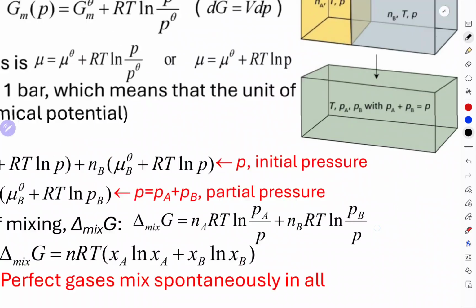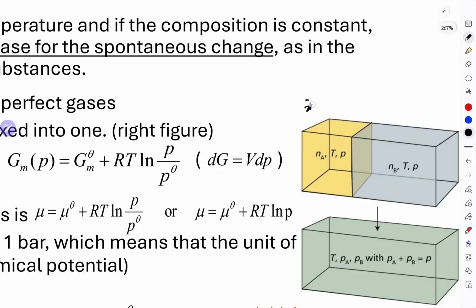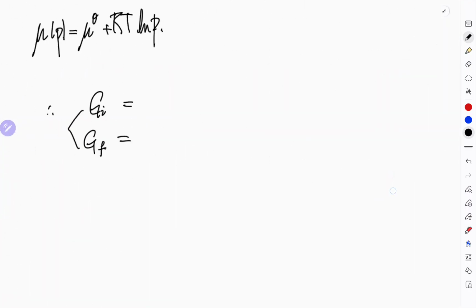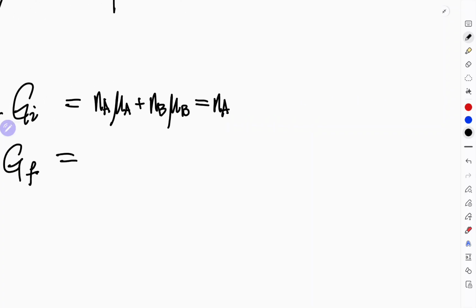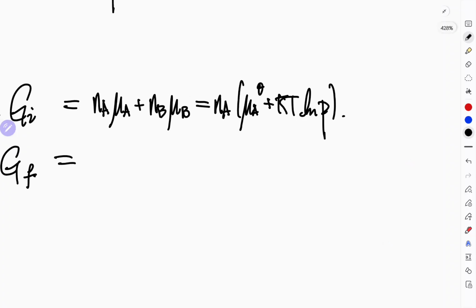The gases are separate. So G_i is n_A mu_A naught plus n_B mu_B naught, because the pressure is p in the figure. We just use this equation. And it also applies to molecule B as well.